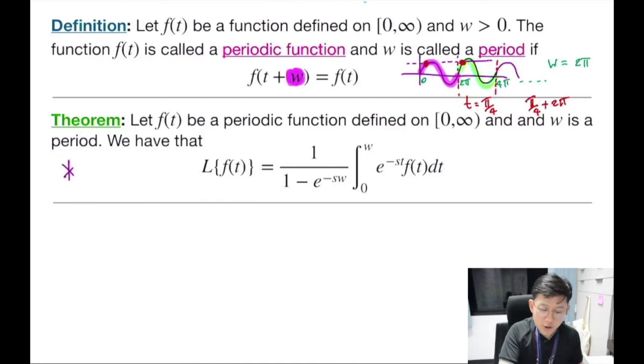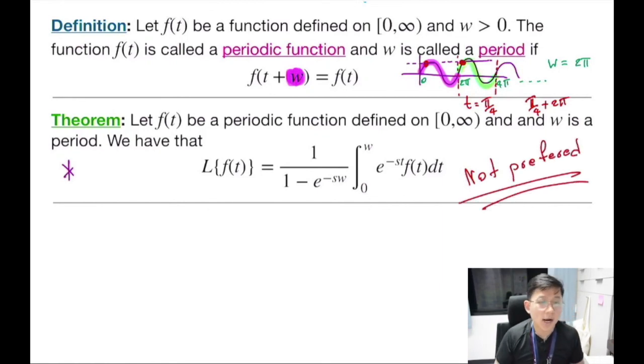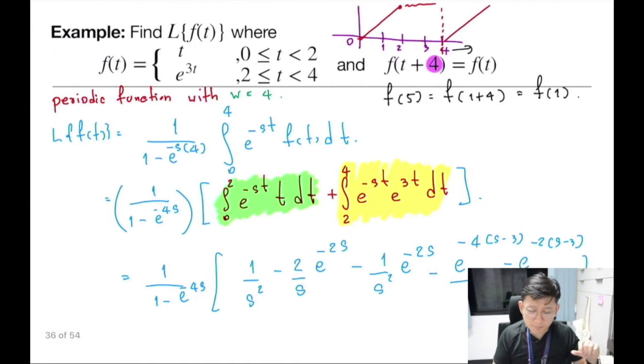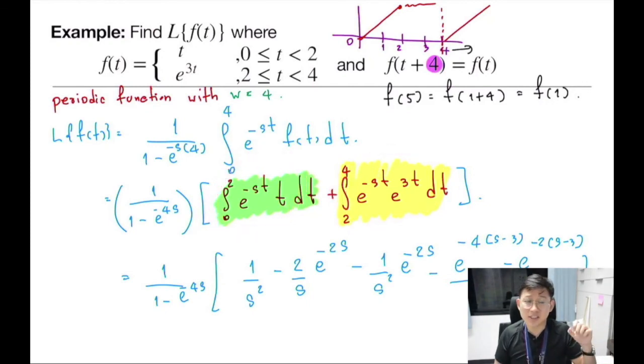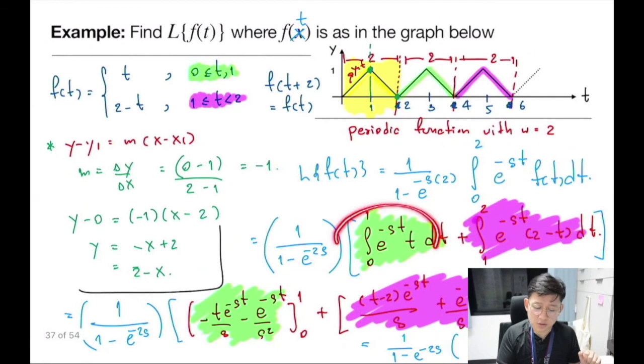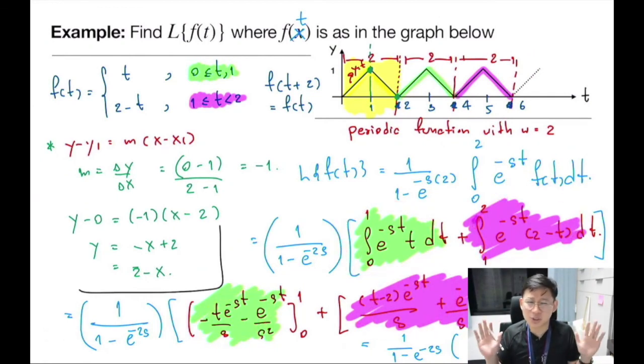Okay, but actually this formula is not preferred. Why? Because it's hard, right? As you can see here, you need to use integration by parts to solve this, and it's really hard. We don't really want to do that, right? I show you another example. We need to use integration by parts here, and I even didn't do it because it's too messy.